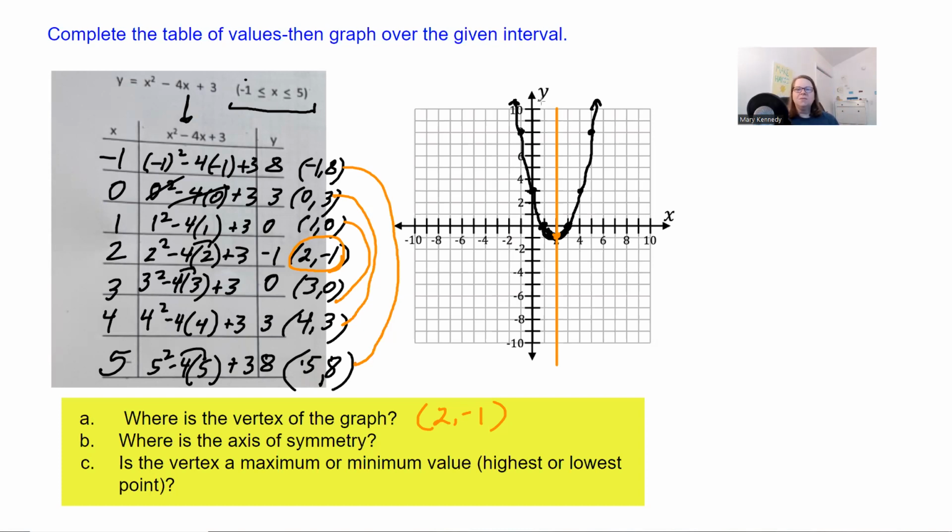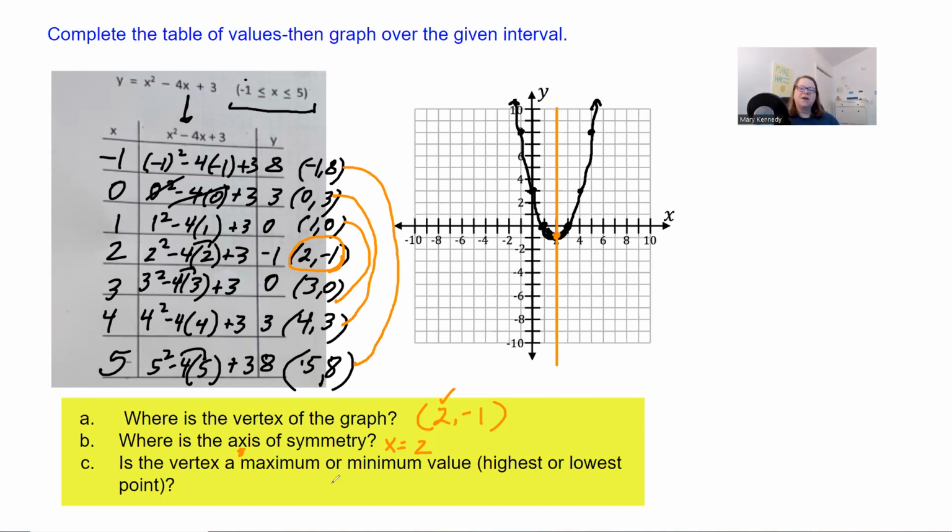So that would be our axis of symmetry, and it runs right through x equals 2. For axis of symmetry, I use that x to remind me, you always write that as x equals, and it is always the x value from the vertex. That's just where the symmetry is. If you fold it, it's the same on either side.